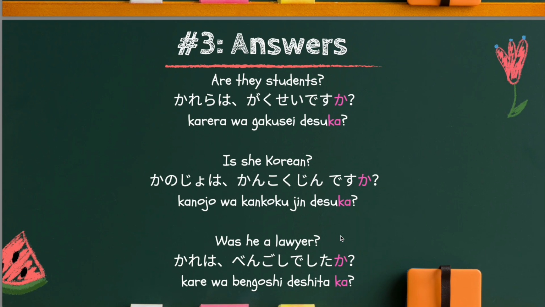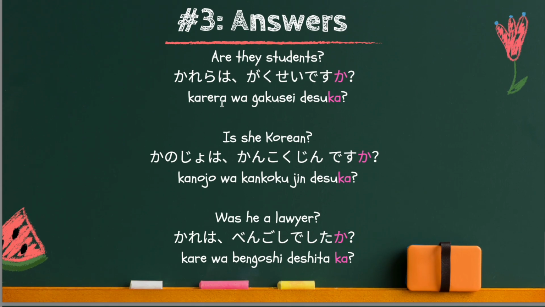Are they students? 彼らは学生ですか? So they in Japanese is 彼ら and student is 学生. So, because this is a question sentence, you need to have ka at the end.